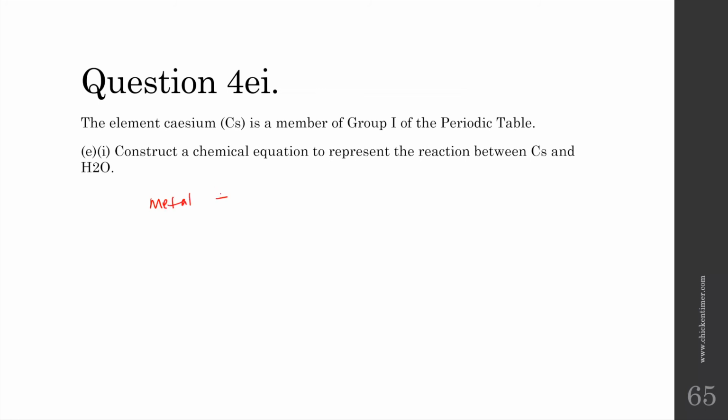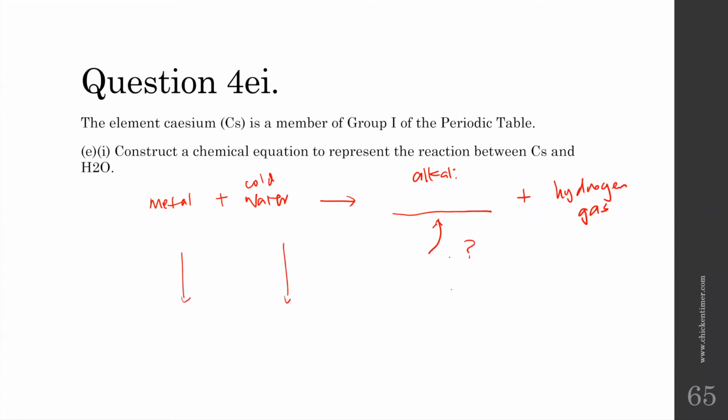Metal plus cold water will give you an alkali plus hydrogen gas. So you fill up, then after that, write down the formula and then you balance. Hydrogen gas is always diatomic.